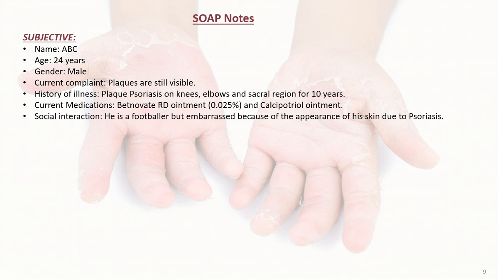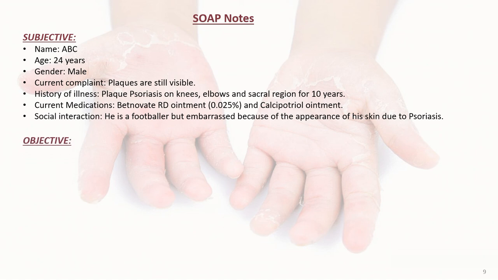And the calcipotriol ointment was very good in removing the scales of the plaque psoriasis. As for social interaction, he is a footballer, but he is a little embarrassed because his skin is exposed to people, because of the appearance of his skin due to the psoriasis and his scaly skin. So he doesn't interact that much, but he goes and socializes a little.